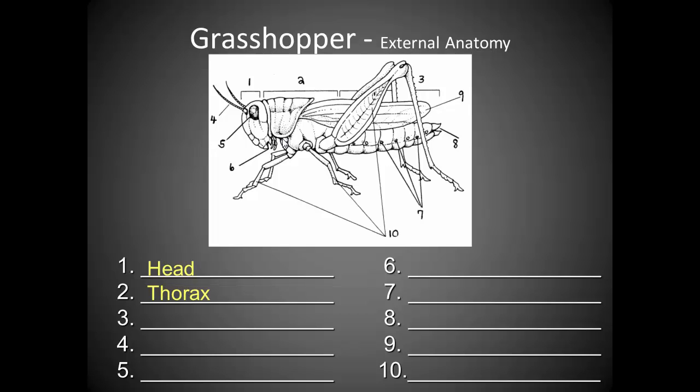And then the last part back here, this longer part of this grasshopper, that's called the abdomen. That's where the reproductive organs are located, and some of the respiratory organs and digestive organs. So those are the three main body sections that all insects have: a head, a thorax, and an abdomen.